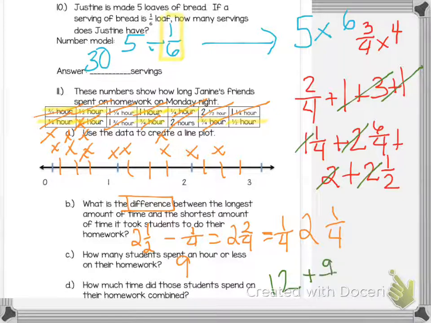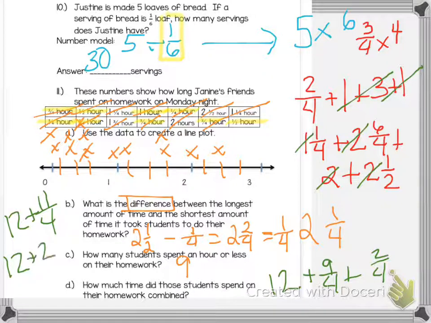So I have 9/4 plus, remember, 1/2 is 2/4, so I can add those fractions together. Over here, off to this side, I have 12 plus 11/4. How many times does 4 go into 11? It goes in 2 times. 4, 8. 11 minus 8 is 3. So you should have 14 and 3/4 hours.